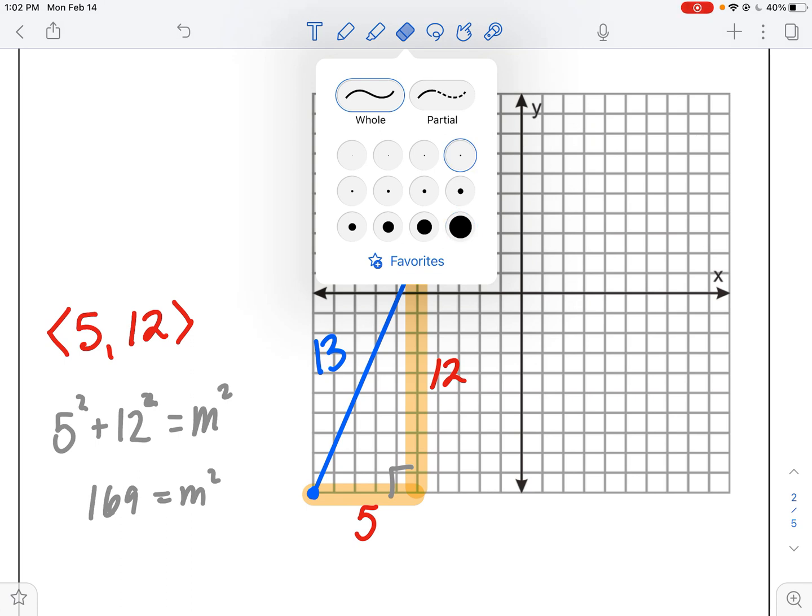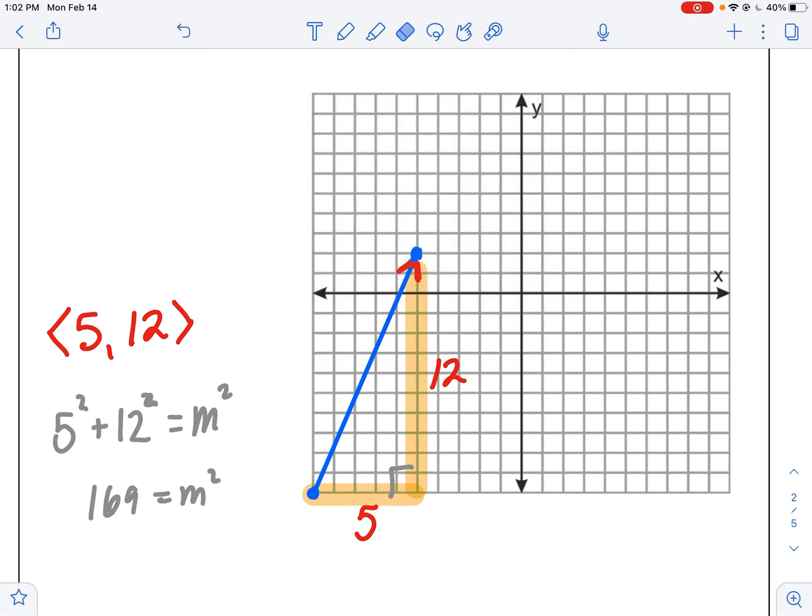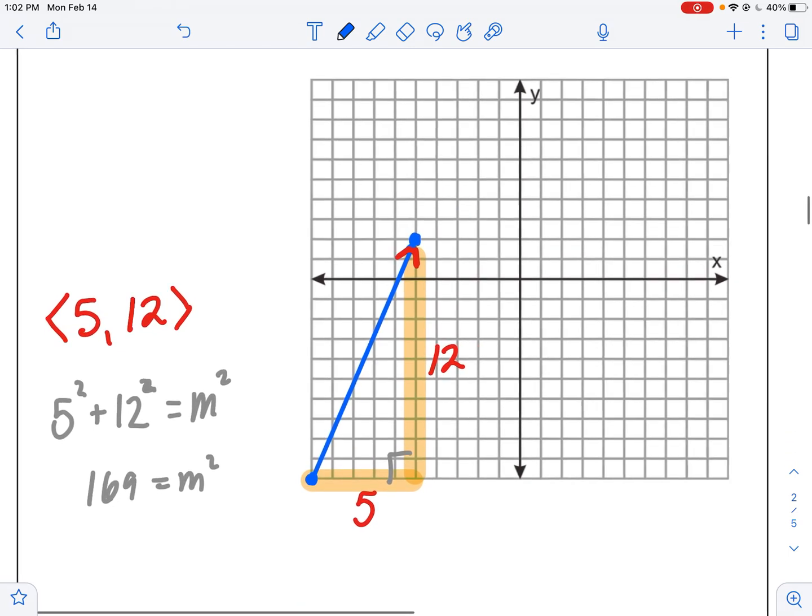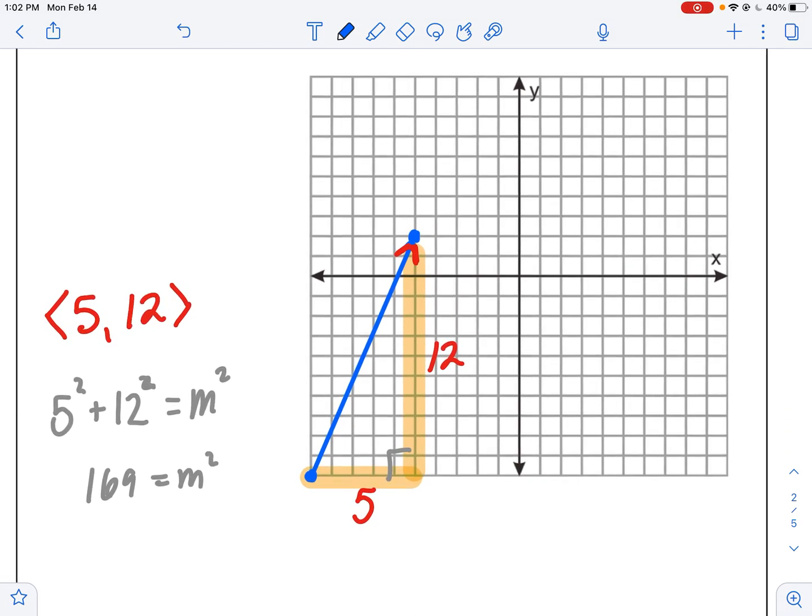Now the direction is probably the tougher part here. Usually I ignore the resultant, and what I'm going to do to find my direction is use the sine, cosine, and tangent functions.